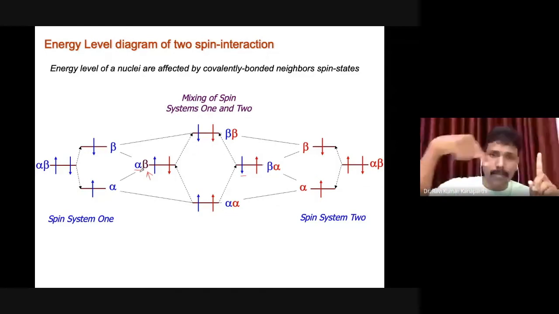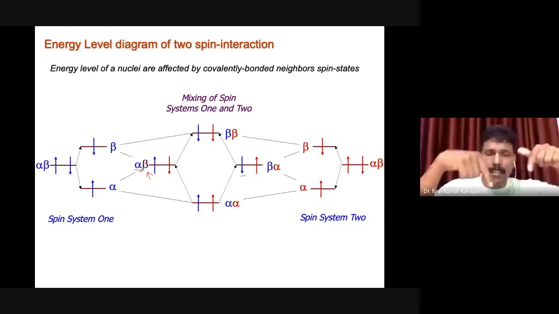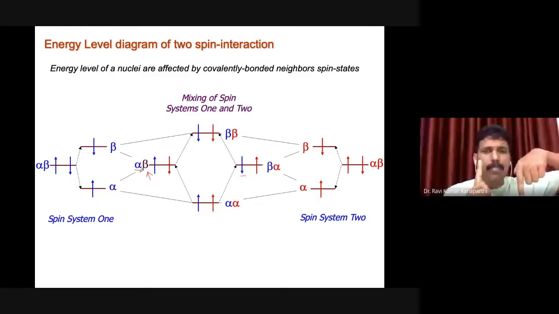So this is one configuration. On the other hand, you can have the other configuration like this, and apart from these two states, we can also have the situation where both spins are pointing upward, or both spins are pointing downward. These are clearly shown here.